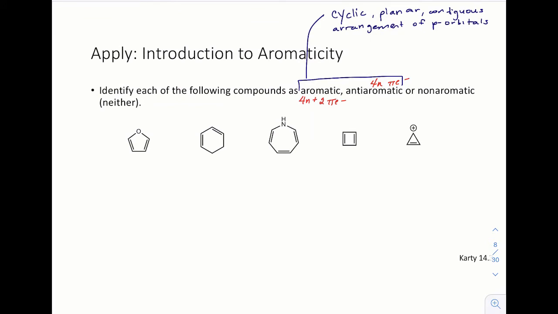Aromatic and anti-aromatic compounds are examples of conjugated pi systems, just very particular conjugated pi systems. Thus, we can begin with our skills of identifying which atoms and how many electrons are in various conjugated pi systems. So go ahead and do that now.